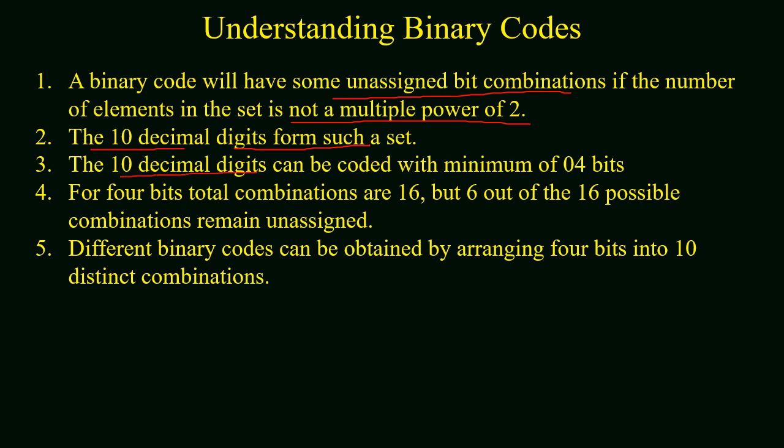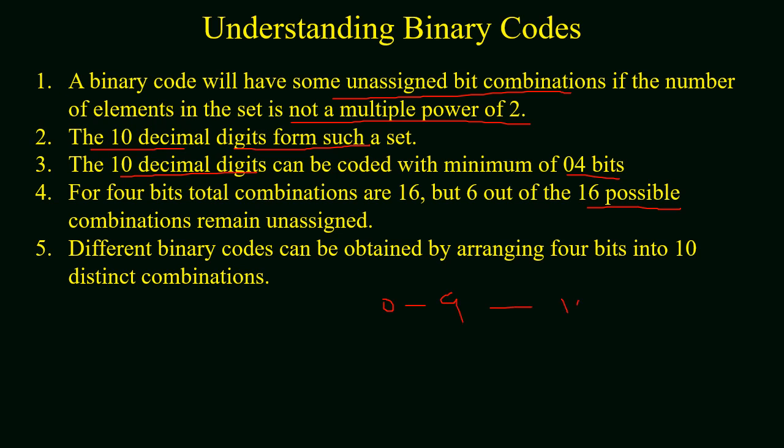But we know that with 4 bits we can have combinations from 0 to 2 power n minus 1, which in this case will be from 0 to 15, where the decimal digits are from 0 to 9. So in this case, 10 combinations are used and the remaining 6 are unassigned bit combinations.